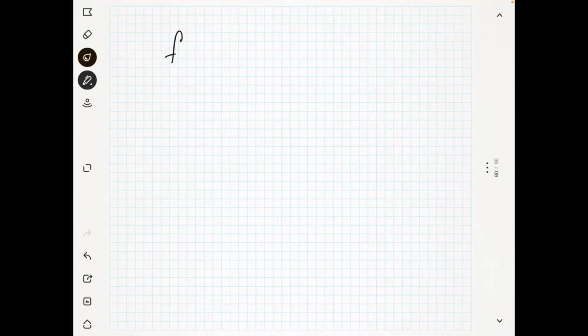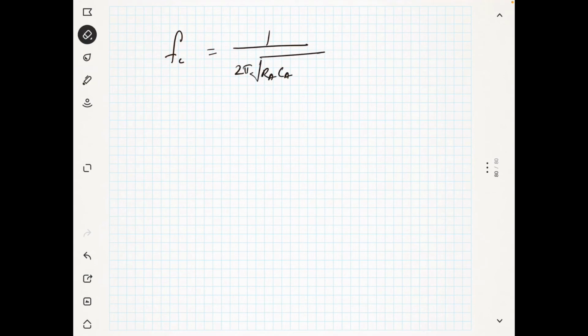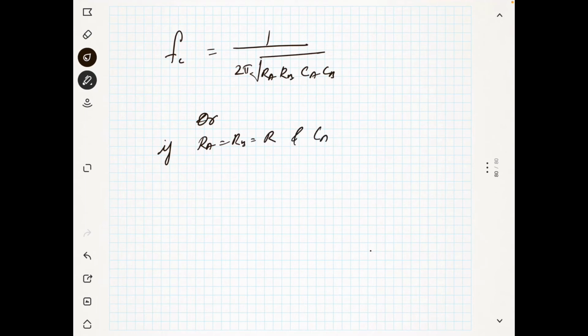So I told you about FC as 1 by 2 pi square root of RA RB into CA CB, or if RA equal to RB equal to R and CA equal to CB equal to C, then FC is equal to 1 by 2 pi RC.